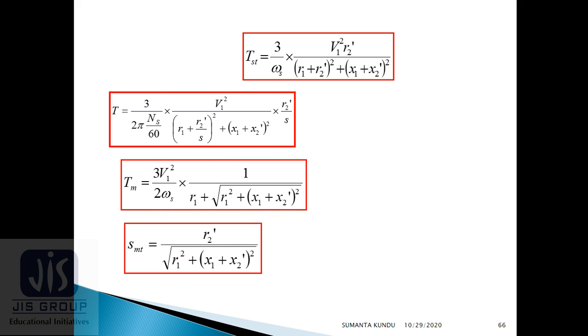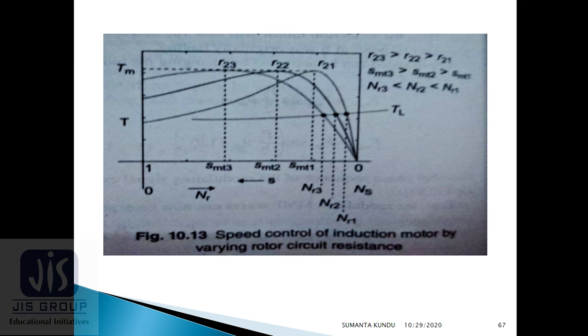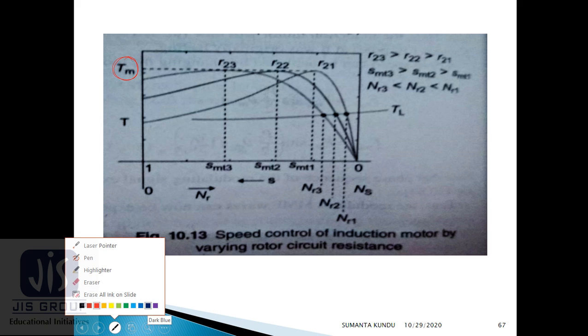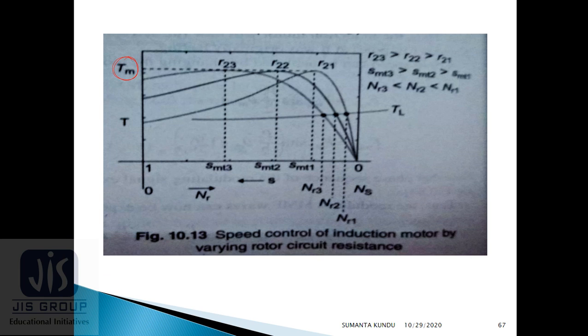So this is the diagram. If we see here, this is my maximum torque. This torque is denoting the starting torque. This is also the starting torque, and this is for another torque speed characteristic.